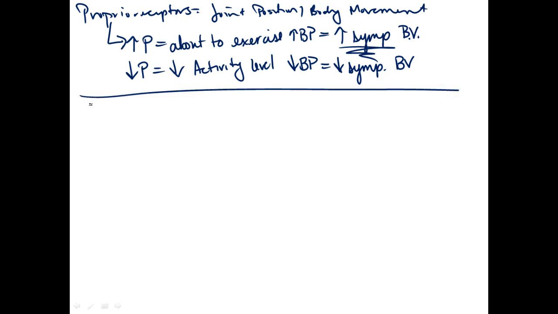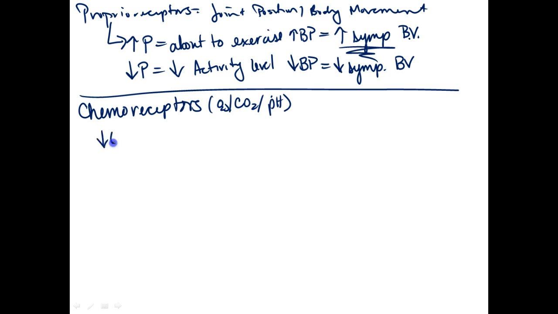Next, let's do our chemoreceptors. Chemoreceptors, as you recall, monitor different chemicals in the blood, particularly oxygen, O2, CO2, and pH. So there are two ways in which chemoreceptors are activated.